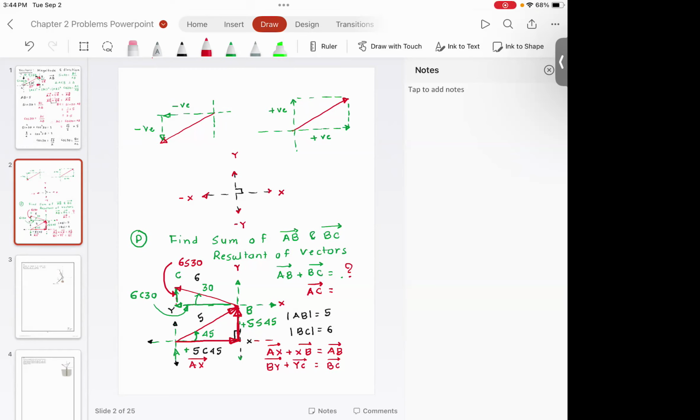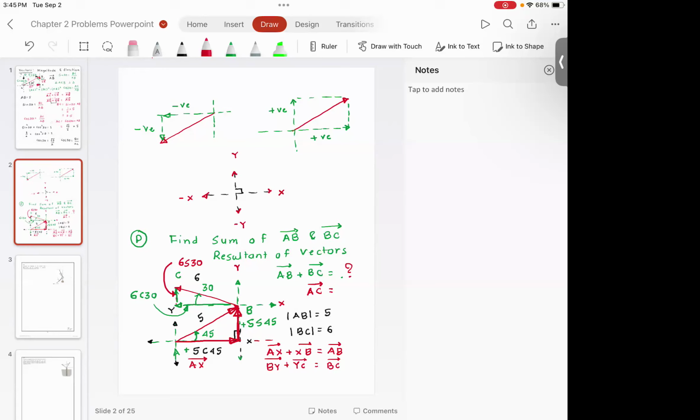You agree with me? So what I need to do is add all the subcomponents in the x direction, and add all the subcomponents in the y direction, and that would tell me the final component of the resultant vector. I need to write this clearly.